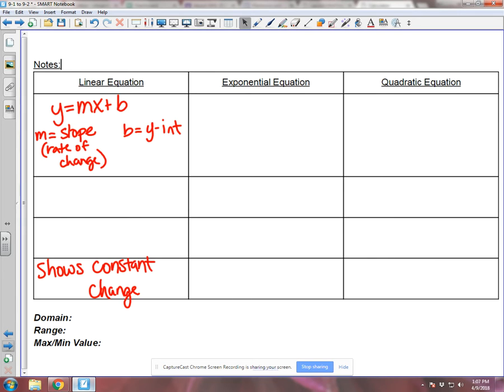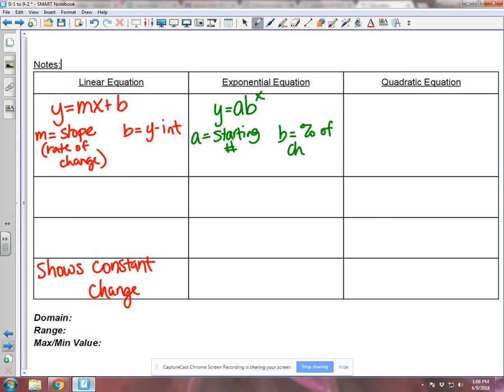Okay, what does an exponential equation look like? Come on, folks. AB to the x. What's the A stand for? What's the B stand for?